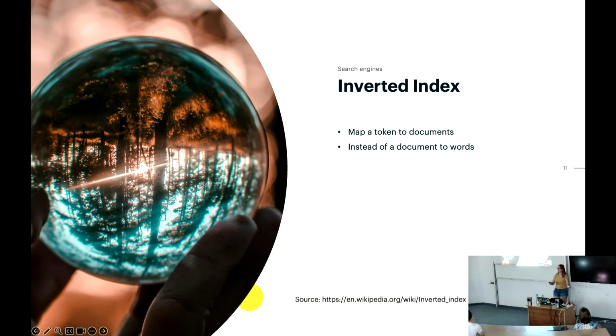And then we have to create our inverted index. It's a map from each token that we have generated to all the documents where this token appears. You can think of a recipe book. Sometimes at the end of a recipe book, you have an index where you have all the ingredients for all the recipes in the book.